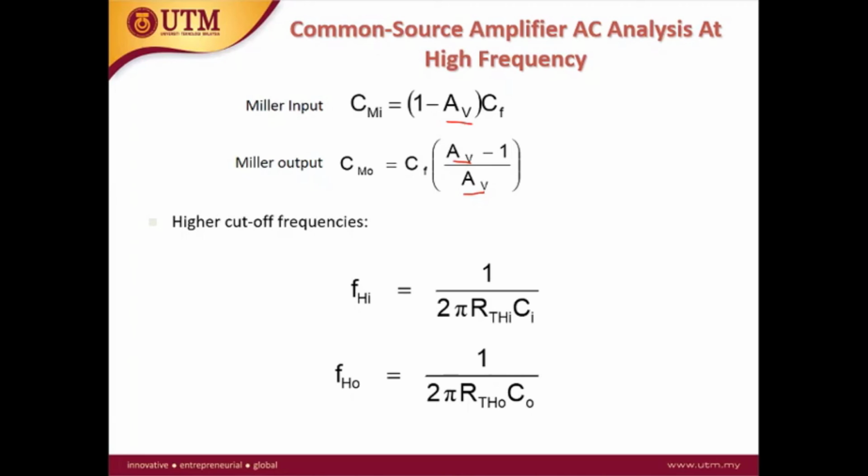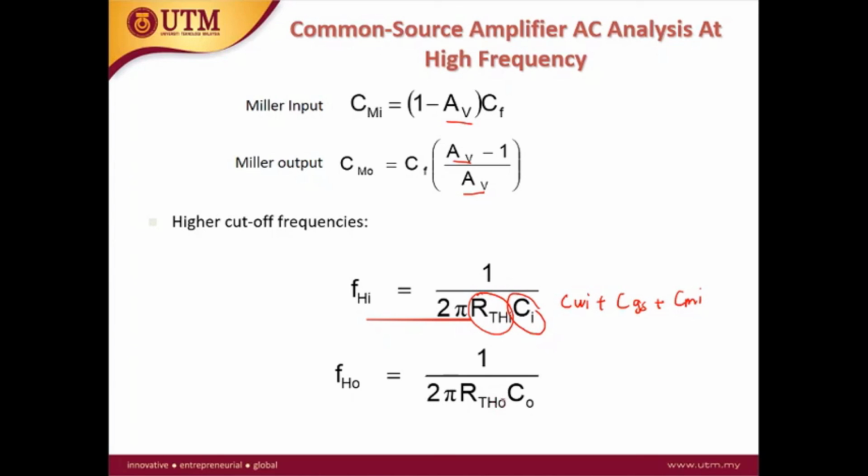Once you have transformed the circuit by adding CMI and CMO, you can do the analysis separately at the input side and the output side. For the input side, you need to know the resistance of the input side, RTHI, and the total capacitance at the input side. In the typical analysis, the total capacitance at the input side is CWI plus CGS plus CMI.